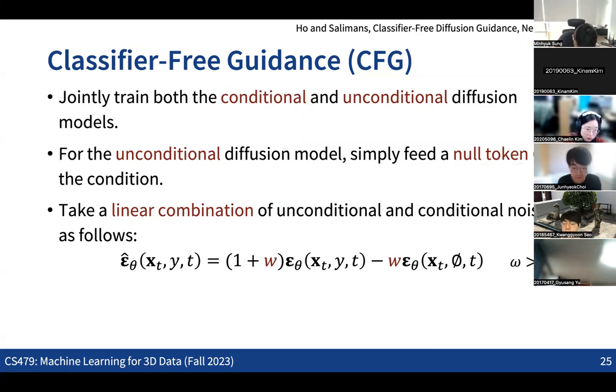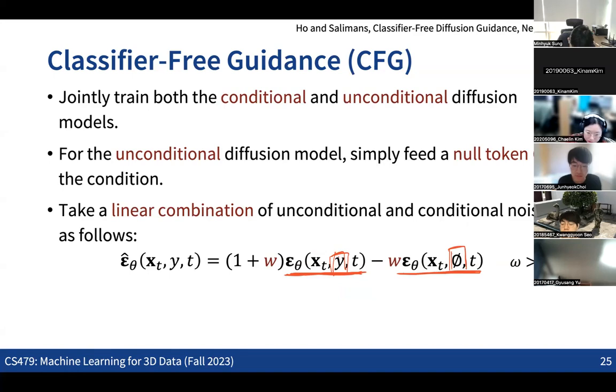Then, depending on the extra information we get here, this becomes a specific noise prediction for the given label. And if we also want to control the strength of the condition in the reverse process, we can take a linear combination of the noise predicted for the given class label and the noise predicted for the unconditional case, where we don't care about any condition.